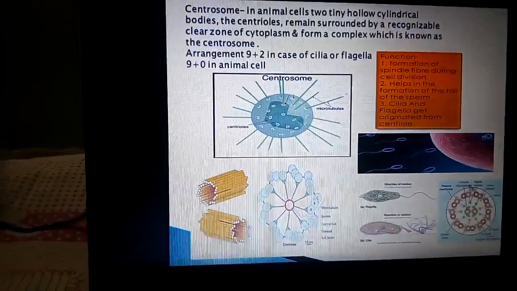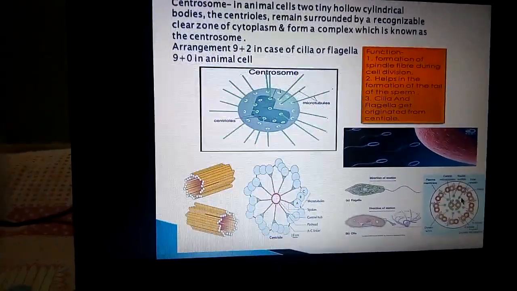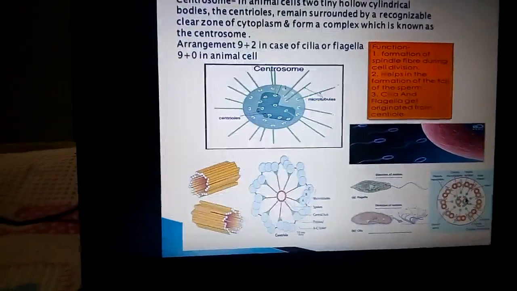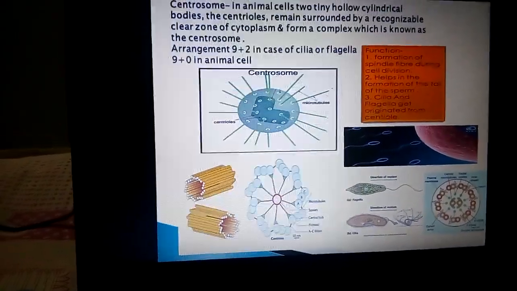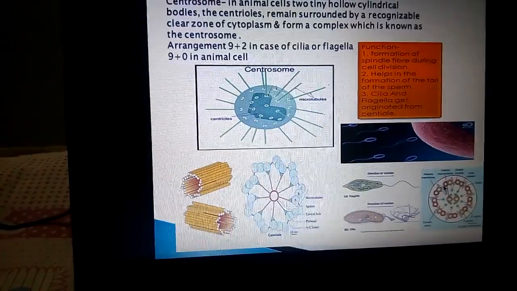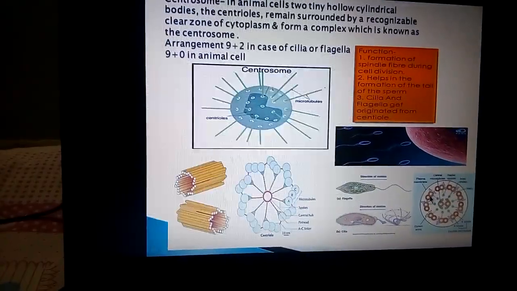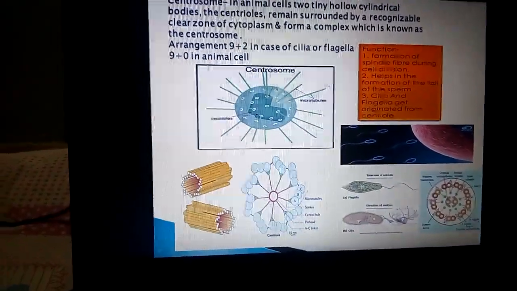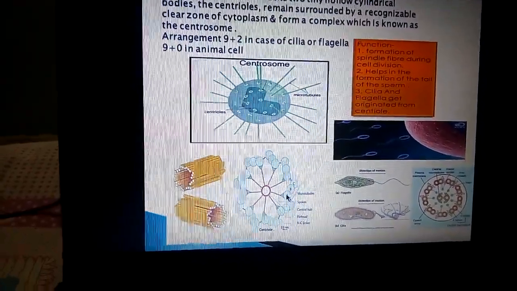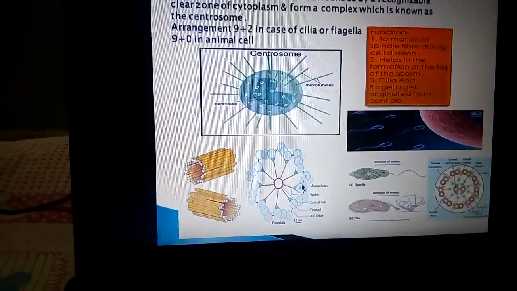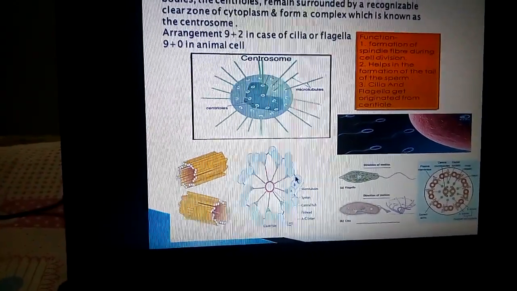But in case of cilia or flagella, the wall of the centriole is formed of 9 microtubules, but each microtubule is composed of two subtubules, therefore it is called a doublet. The A subtubule is attached with the C subtubule by the linker.